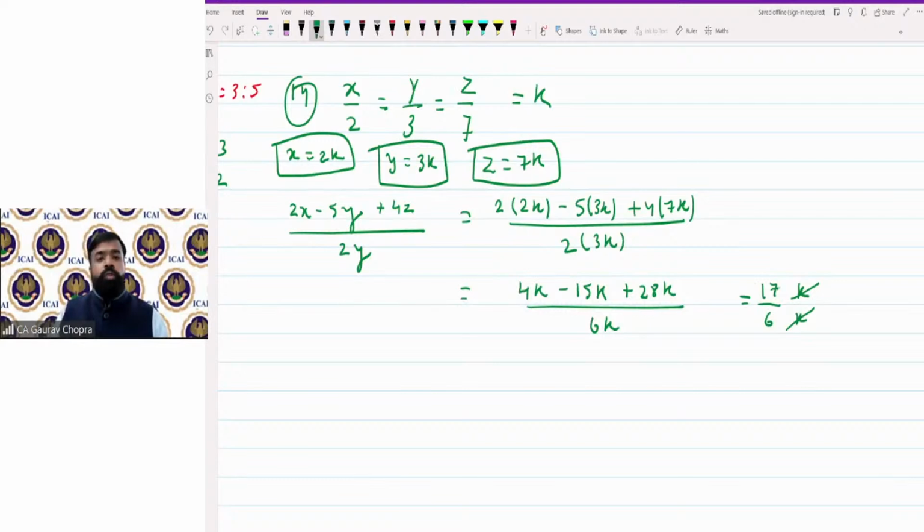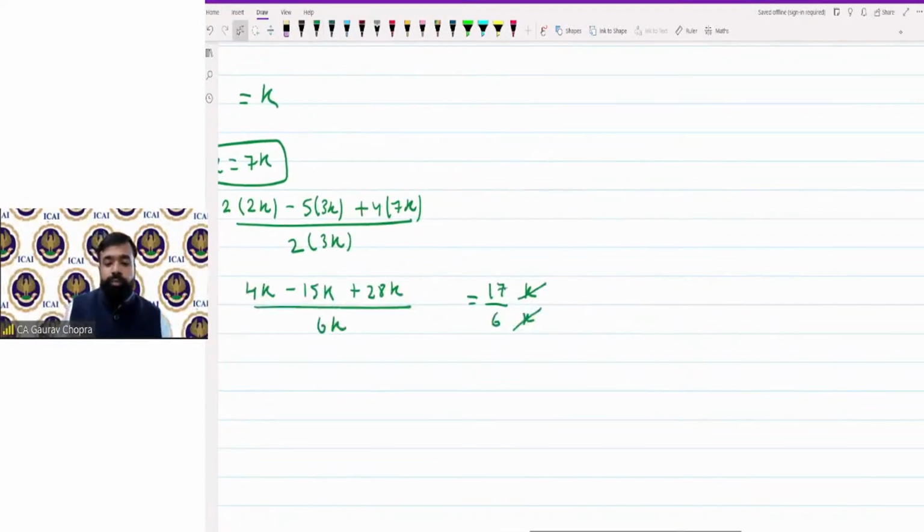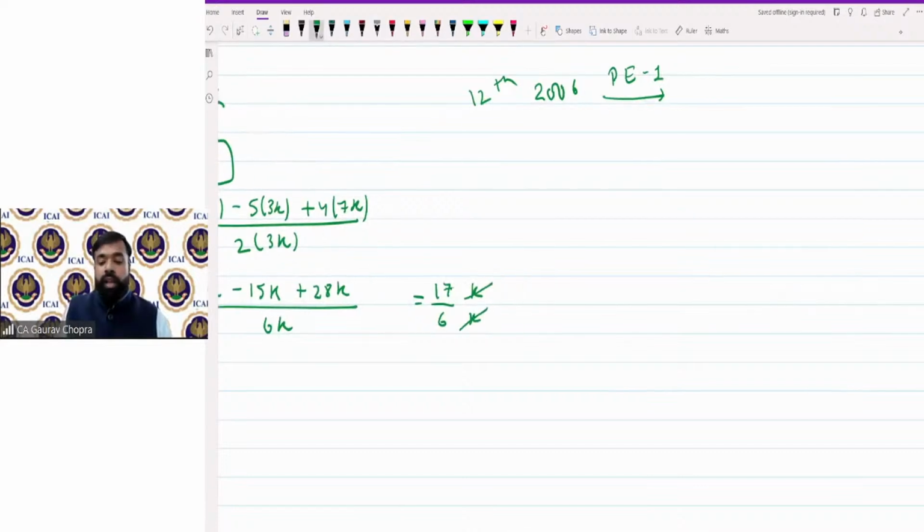So I had basically applied for CA in 2006. In 2006, I completed my class 12. And at that time, it was PE1, that is Professional Education 1. There were 4 papers, and all papers were subjective at that time. And the exam was due after 1 year, that is in May 2007.